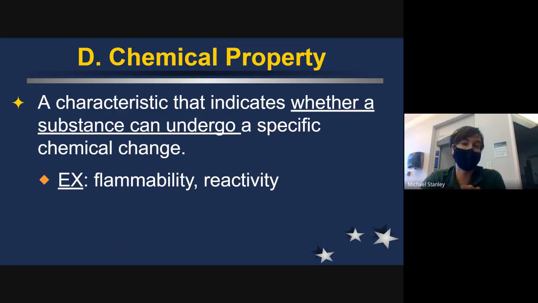Those are the chemical properties of substances. So unlike the physical properties, these aren't really things that we can observe or measure with a measuring stick, but they are things that we have determined by doing experiments with different sorts of substances over time.